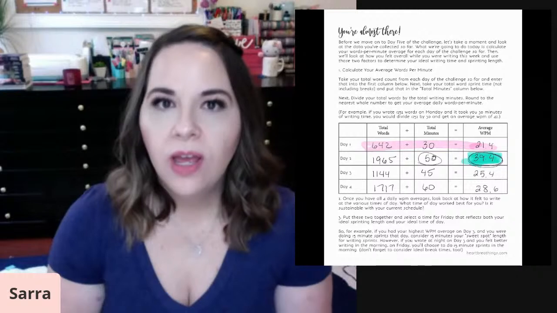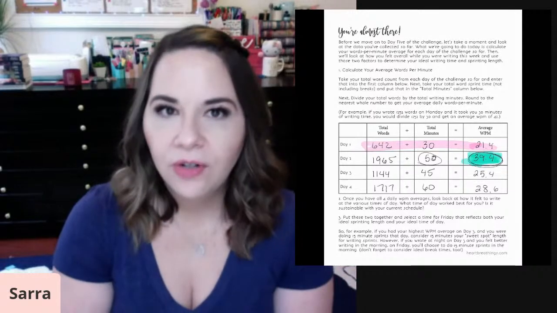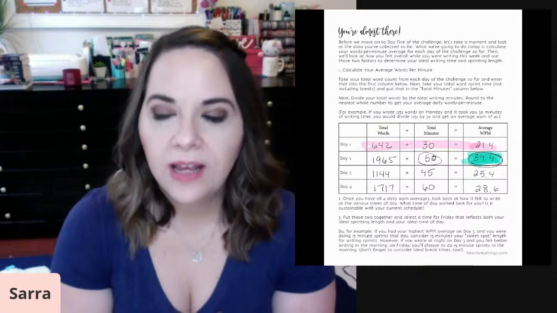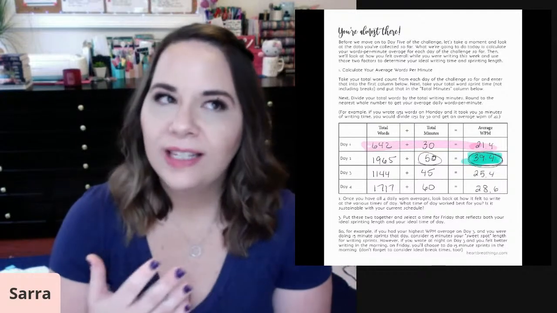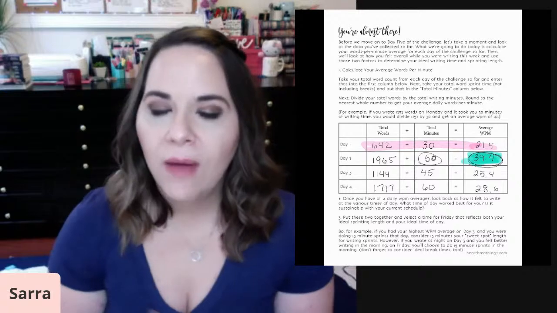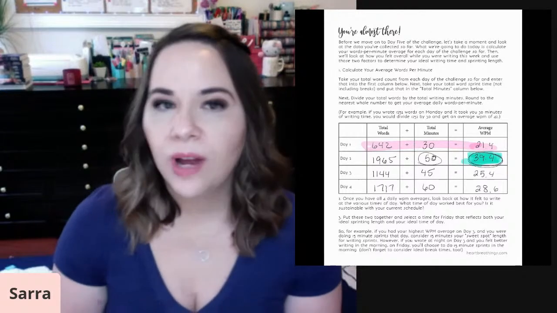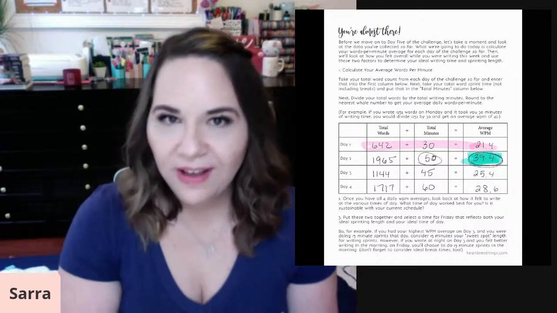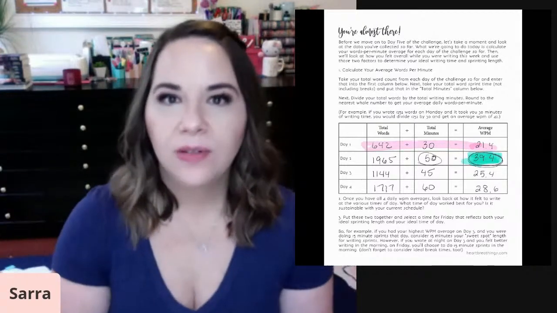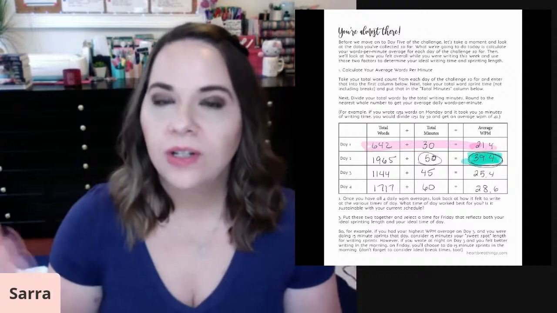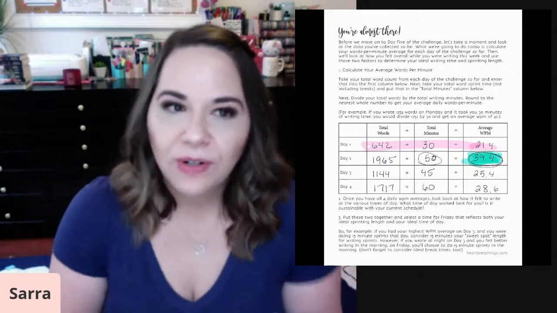If you know that you can write 500 words on average every time you do a 20-minute sprint, then you can estimate pretty well how many sprints it will take you to write a 60,000 word novel. If you can do 500 words every 25 minutes, that's about 1,000 words an hour. So you would know it's going to take you about 60 hours to write your rough draft, give or take.